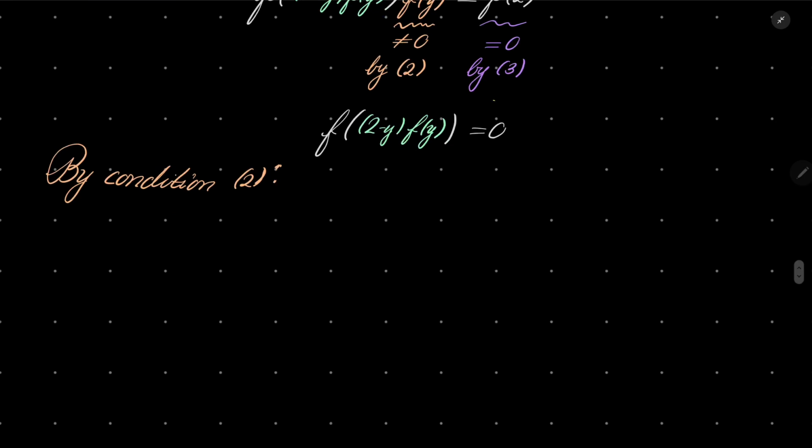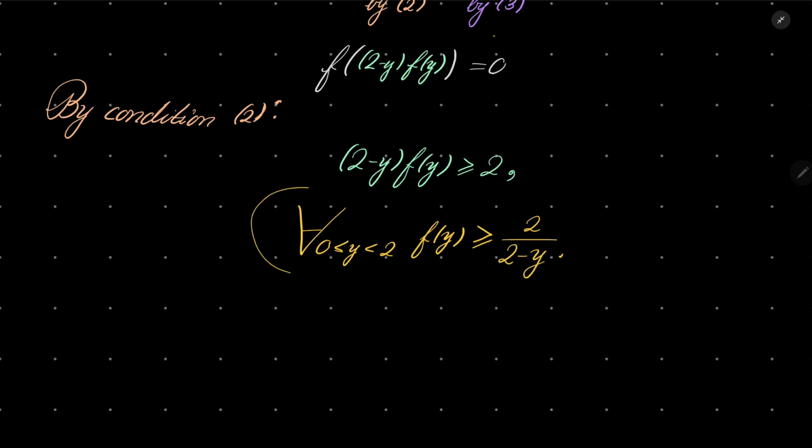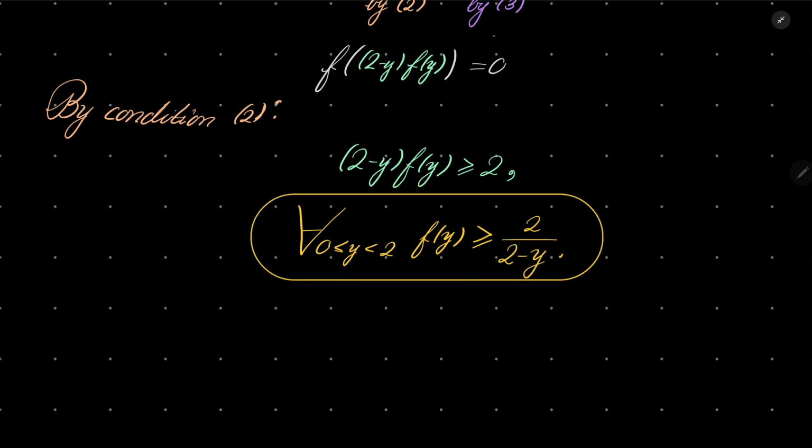So it means that the argument of our function is greater than or equal to 2, which after division means that for every y between 0 and 2, f of y is greater than or equal to 2 over 2 minus y. And I will mark this condition double asterisk.